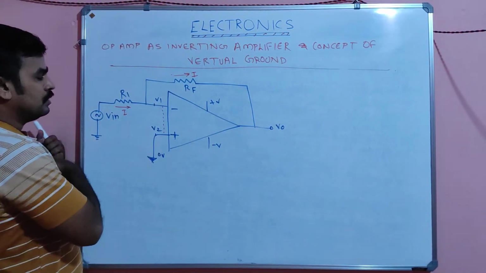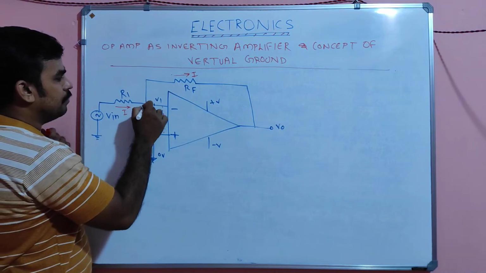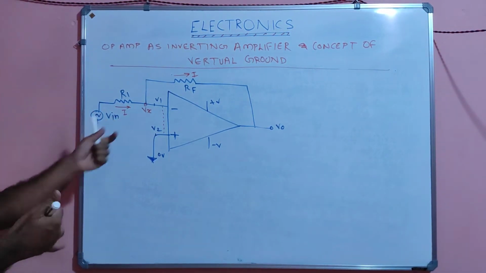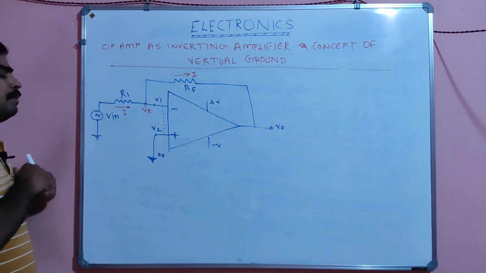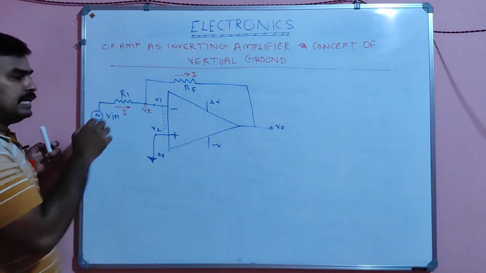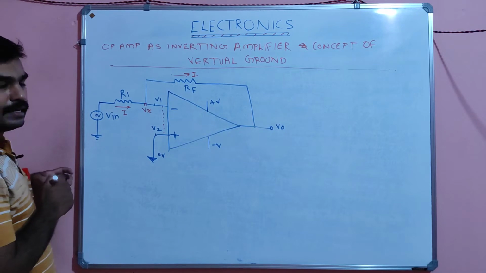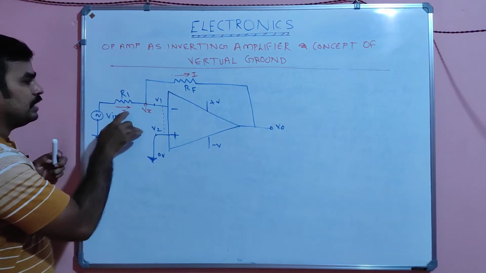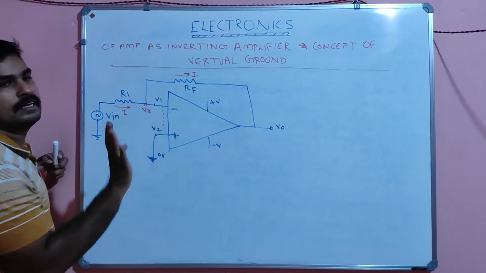Suppose the voltage at this point is V1, or simply Vx. I apply Kirchhoff's current law here: at the junction one current is entering and one current is leaving.